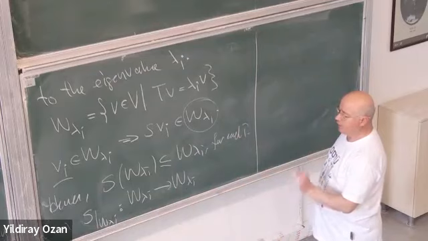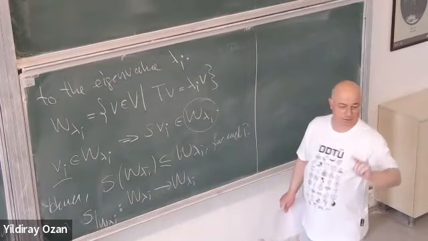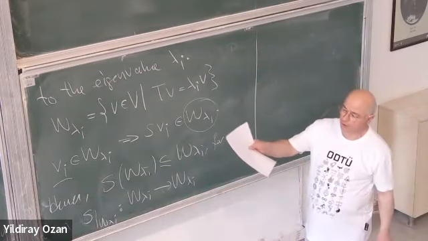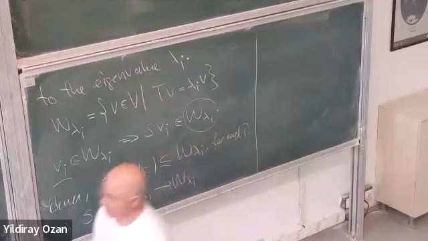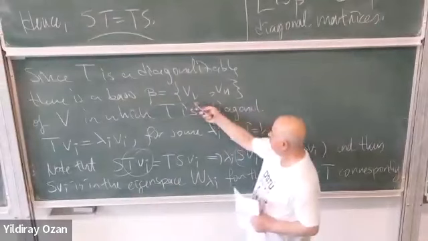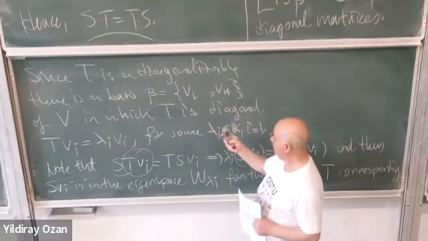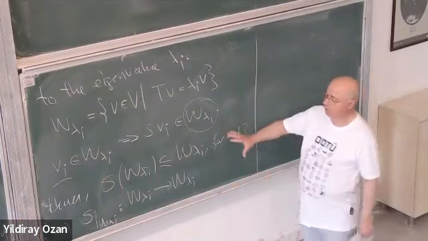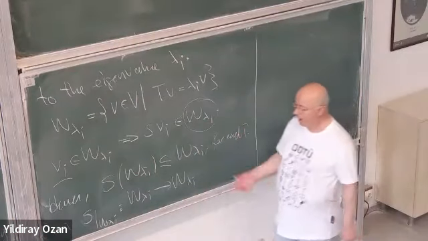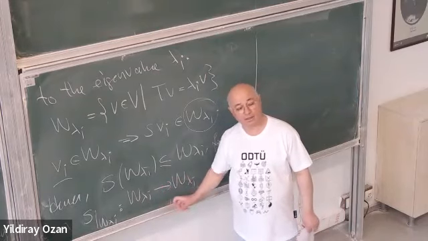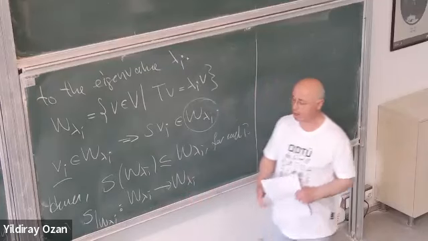Well, we know that S is also diagonalizable. T was diagonalizable, and I used that fact to write down the basis beta, right? We use the fact that T is diagonalizable to write down this basis for T. But S is also diagonalizable as an operator from V to V. And I consider its restriction to the subspace, and it is still diagonalizable.